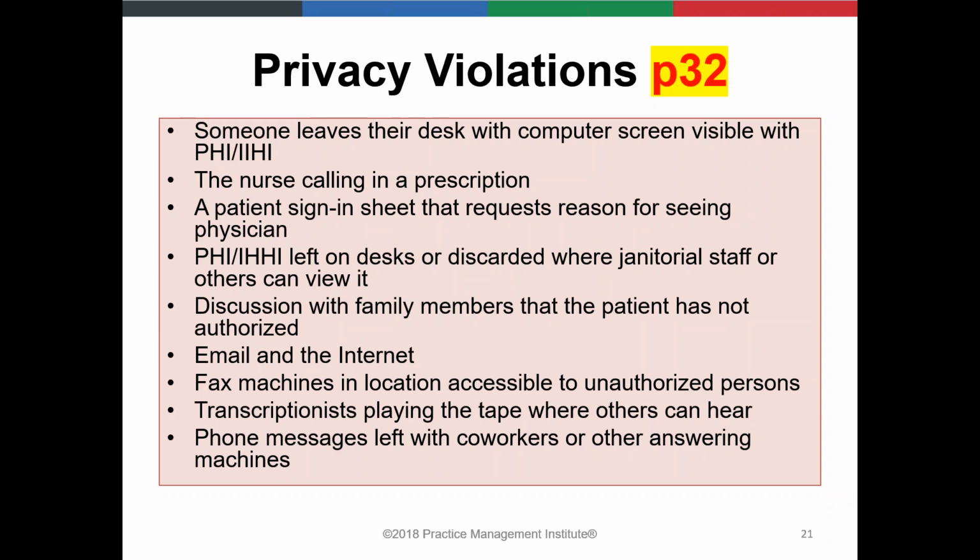And again, it may be that you're in an office where only your coworkers may actually see that, but under the minimum necessary law, it still could be considered a violation if the information you have up on your screen goes beyond the minimum necessary information that person would need to see. So be aware of that.